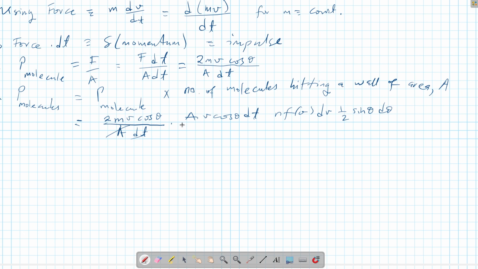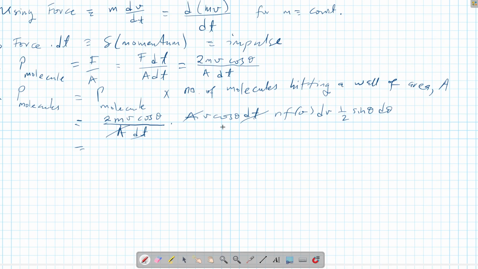Okay, so A and dt cancel. So we're going to have an expression for pressure due to molecules, and then we can compute total pressure by integrating this pressure element, because this pressure is the pressure which comes out from molecules with speed between v and v plus dv, traveling in a direction within theta and theta plus d theta to our reference, and hitting the wall.